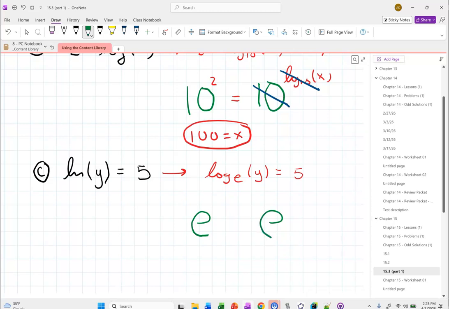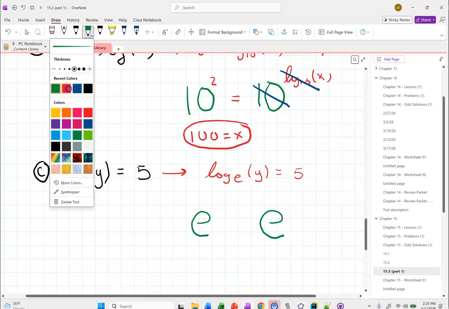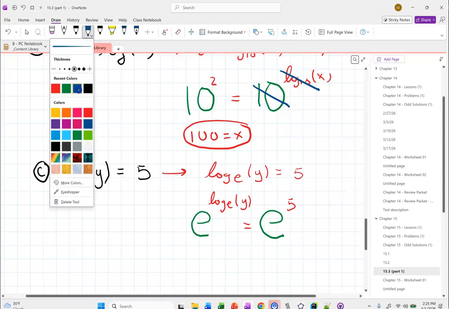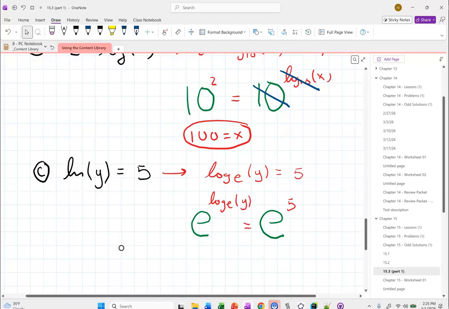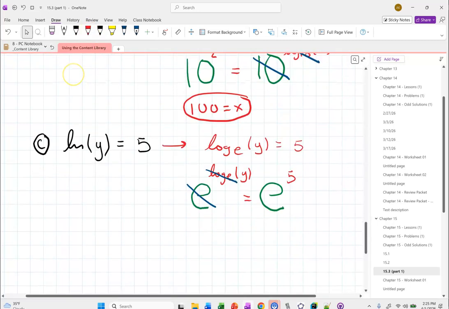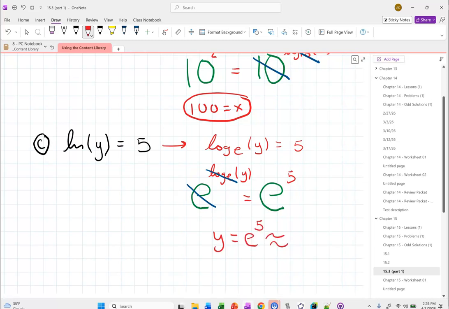Again, I'll write a comically big exponent base, just to emphasize that we're not multiplying here. That's the most common misconception students make when they go back and look at their notes. They mistake an exponent base for multiplication. So I have then y is equal to e to the 5th.